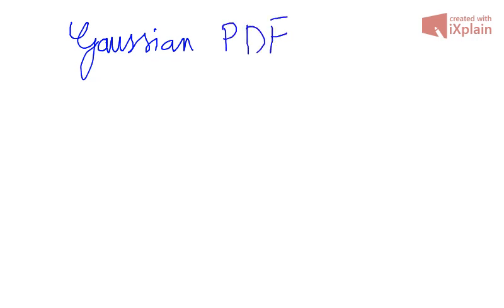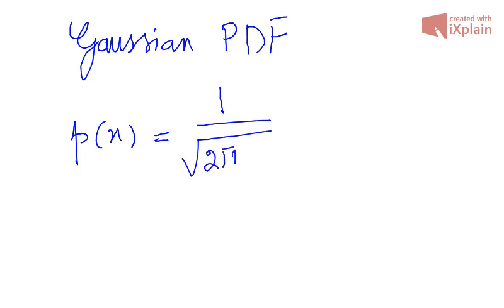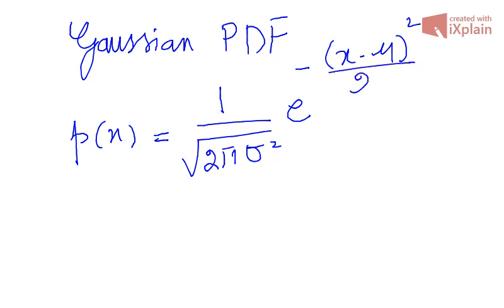If you observe the general expression of the Gaussian probability density function, it looks like this. p of x is 1 over the square root of 2 pi sigma square, e raised to the power minus x minus mu whole square over 2 sigma square.